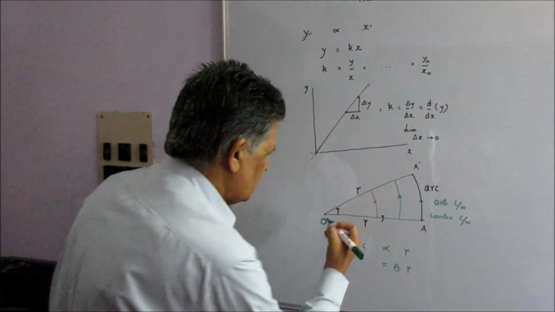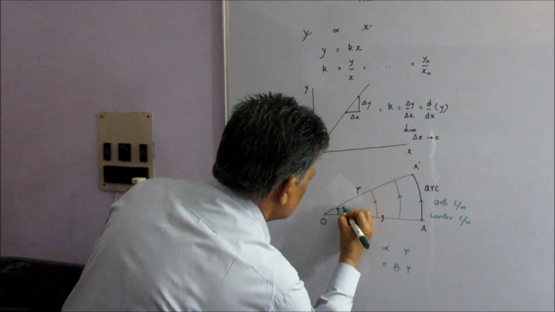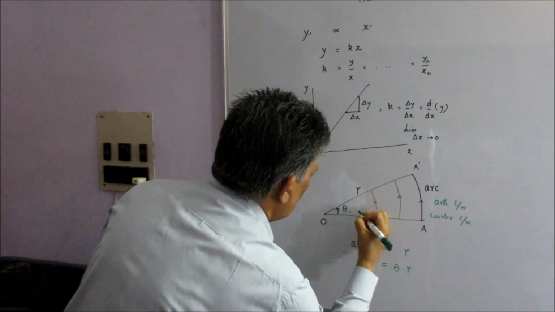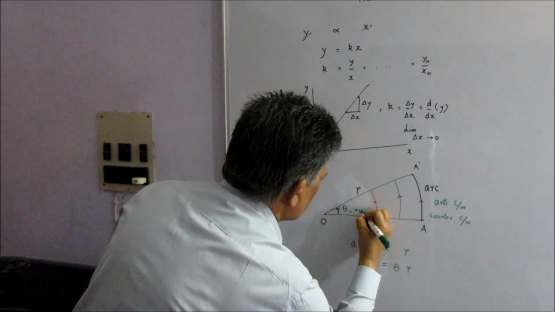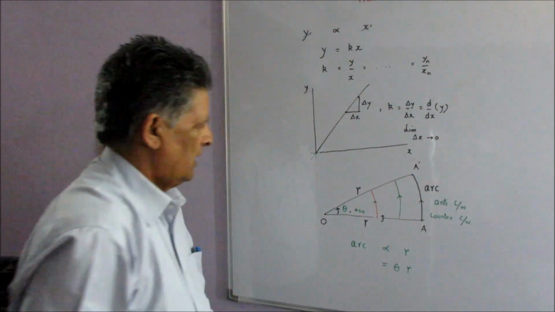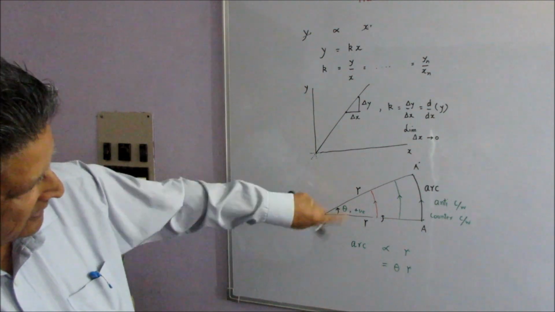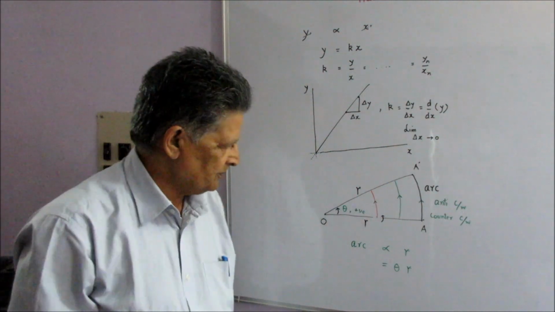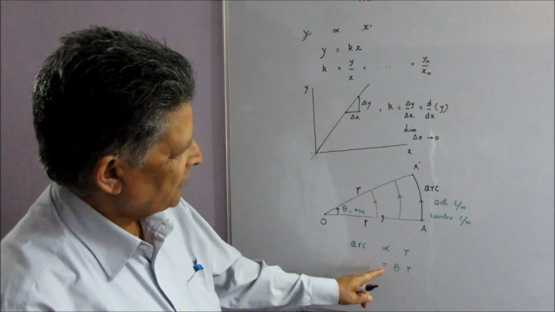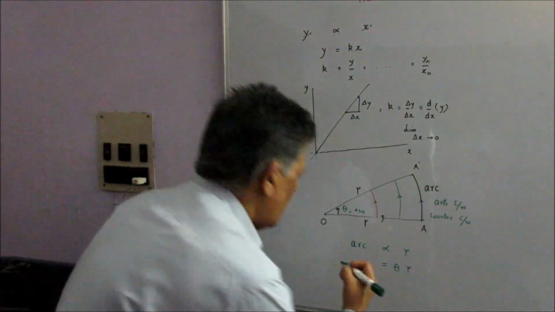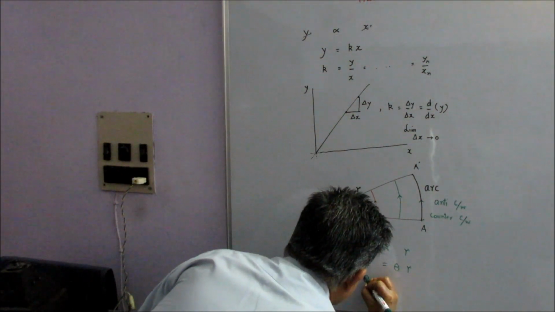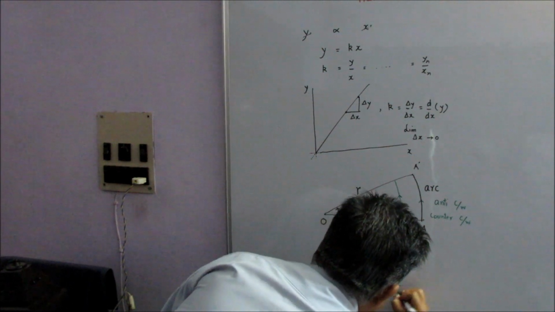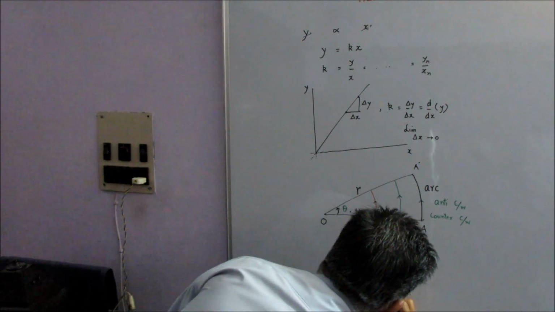So you can see that I have this angle theta which is positive. If the rotation were clockwise, the resulting angle will be negative. So arc is equal to theta times r, or I can write that theta is equal to arc upon radius.